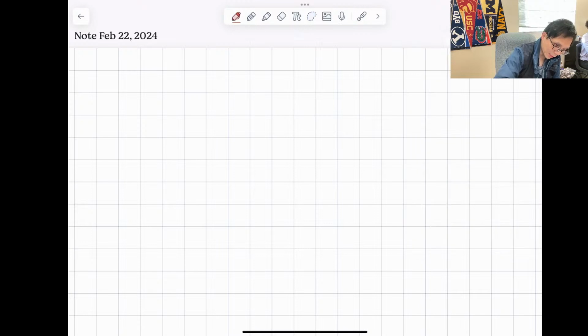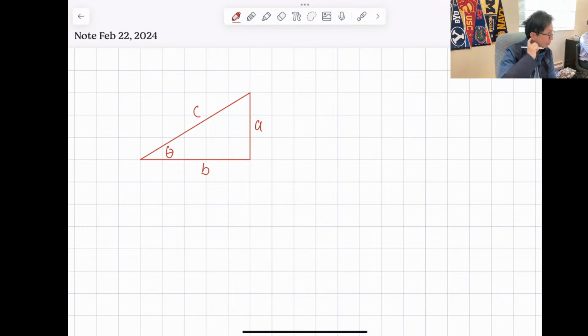So imagine that I have a triangle, and this is a right triangle. And this is A. This is B. This is C.